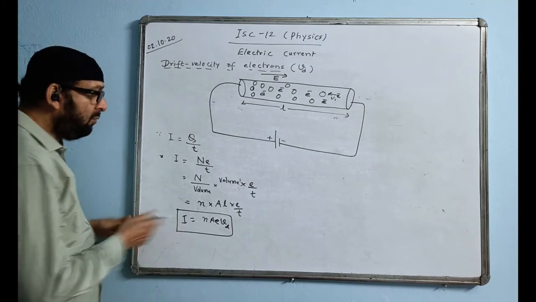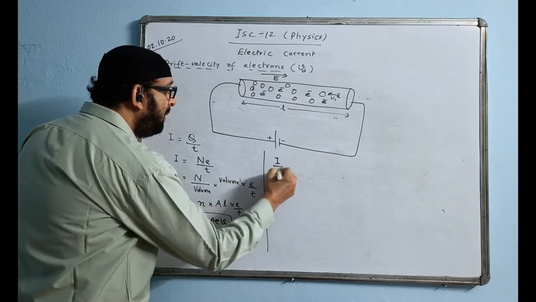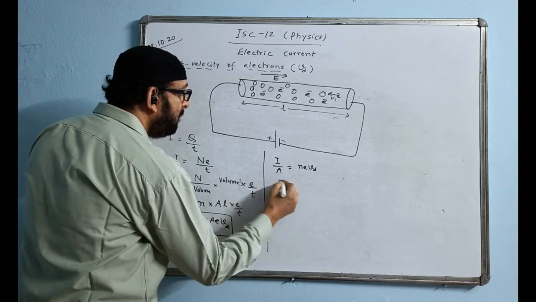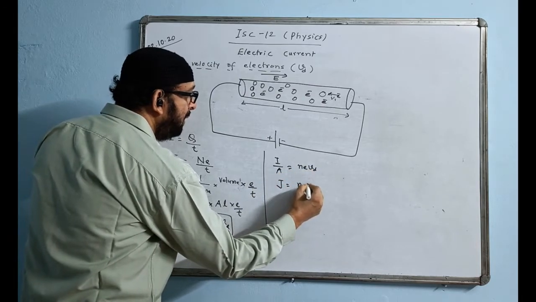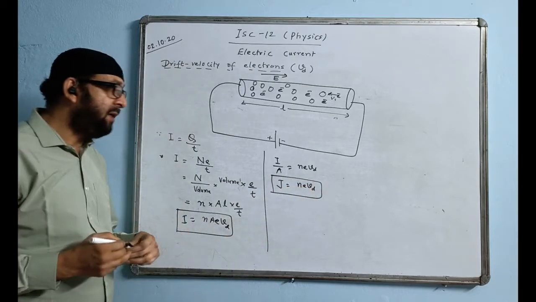And we can continue and get one more formula. We know the fact that I by A, let us make the subject become nE Vd, and I by A is called J, so we can write here nE Vd. So we have this formula, J is equal to nE Vd.